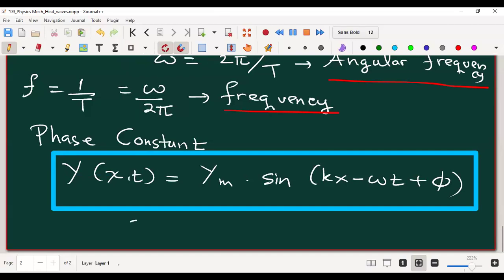Here we can find that φ is the phase constant. It means that when x is equal to 0 and t is equal to 0, there is the phase constant.